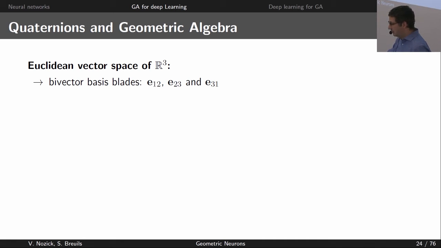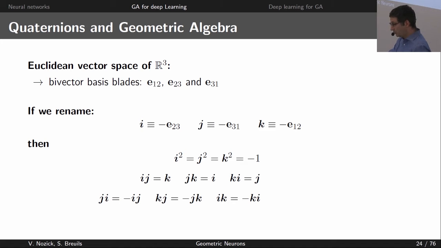The answer is clearly yes, because if we use the result we had right before and just consider a Euclidean vector space in 3 dimensions, then we have 3 bivectors, e1∧e2, e2∧e3, and e3∧e1. And if we just rename them, okay, i equals something like this, and so on, what we get is exactly the Hamilton rules. So it looks like quaternions are actually naturally embedded in geometric algebra, and that's super good.